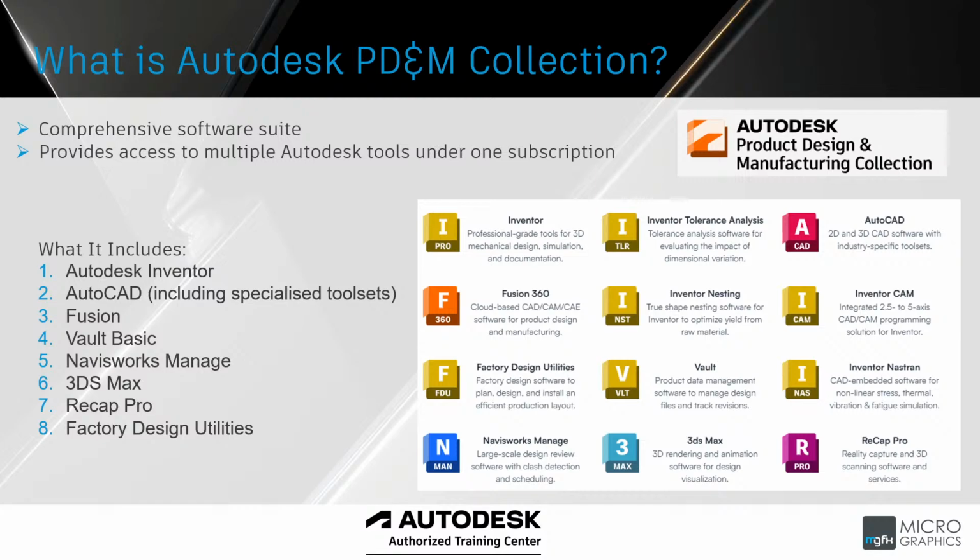And some of the tool sets within AutoCAD that you do get is AutoCAD Architecture, AutoCAD MEP, your normal AutoCAD, AutoCAD Electrical, Plant 3D. So you do get quite a significant library and software when it comes to AutoCAD.